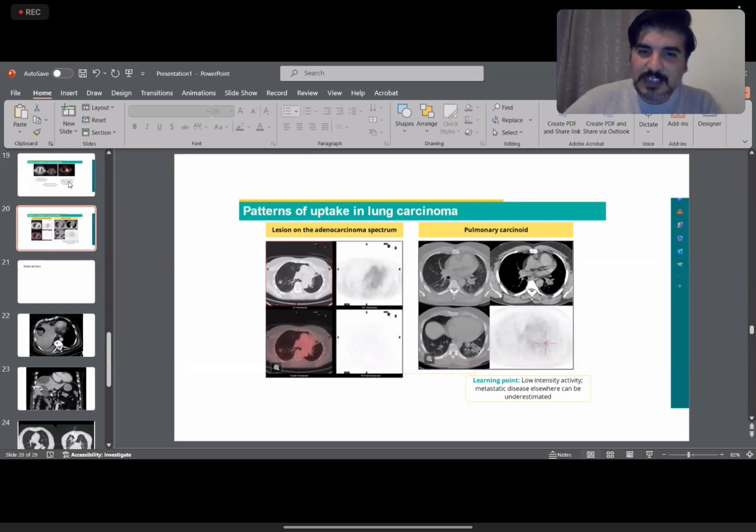So if we are suspecting adenocarcinoma in a patient, we will do the biopsy. We might surgically resect it, and it will turn out to be adenocarcinoma and not PET avid. So these are the two exceptions of PET: lesions which are cancerous and may not be PET avid. One is adenocarcinoma, the other is pulmonary carcinoid.